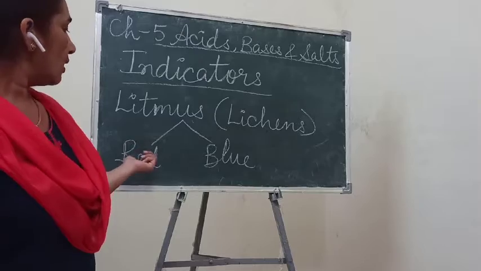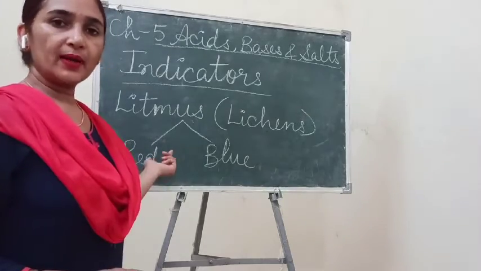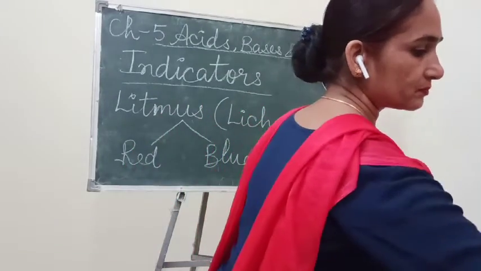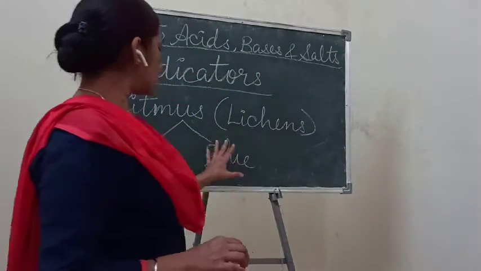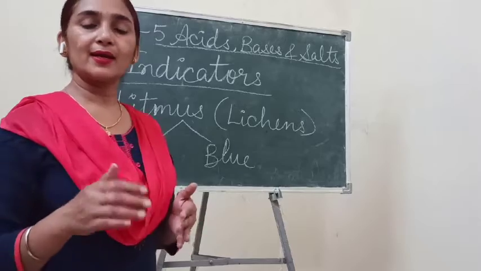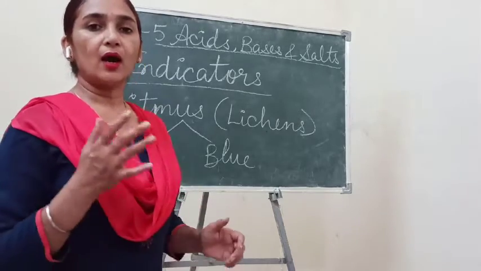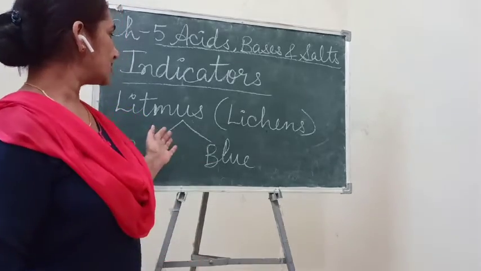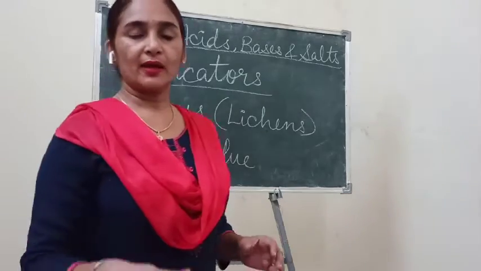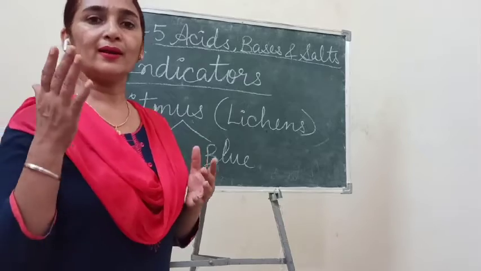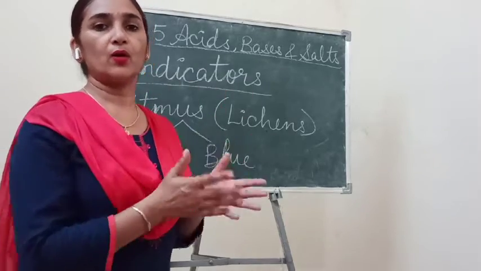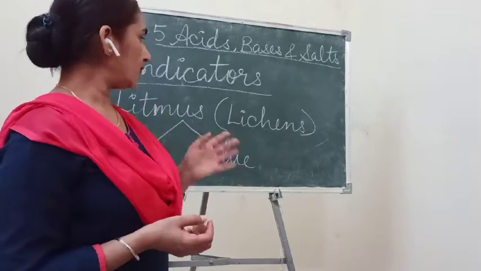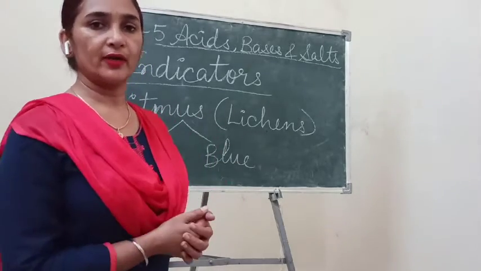Okay, so what is the use of red litmus paper and what is the use of blue litmus paper? Let's see. Both these litmus papers also act as indicators, and let's see how we can detect the presence of acids and bases. You can check different kinds of acids and bases with the help of litmus paper or any kind of indicator.